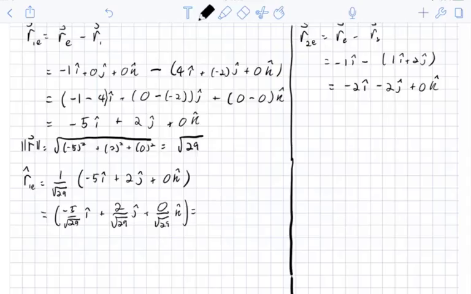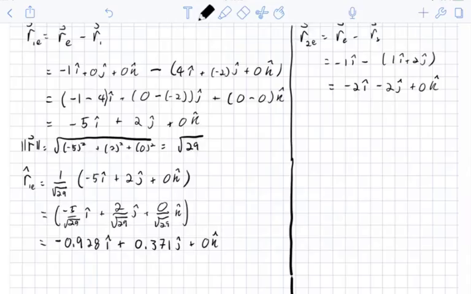Let me get out my calculator. So it's minus 0.928 i hat plus 0.371 j hat plus 0 k hat. Okay, so that's the unit vector in the direction of the force.